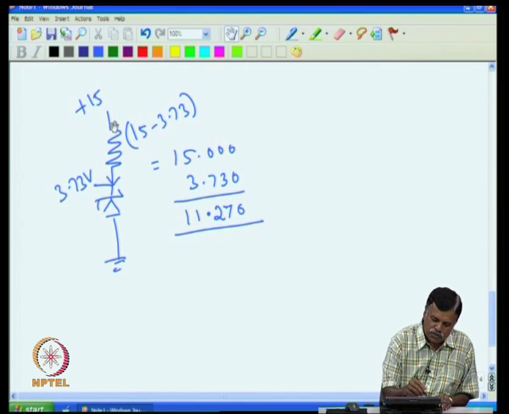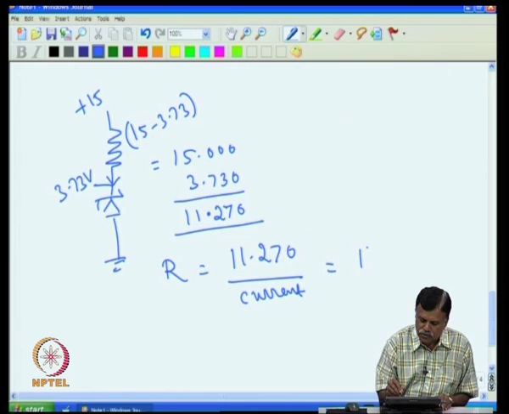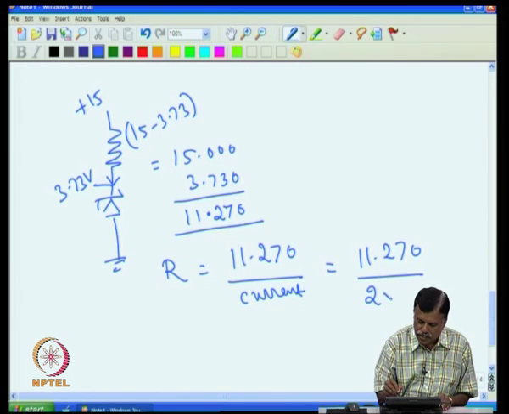So, with 11.27 volt, if I want 2 milliampere current through it, then the resistance value R will be 11.27 volt divided by 2 milliampere.